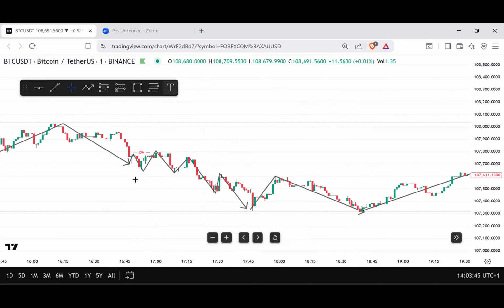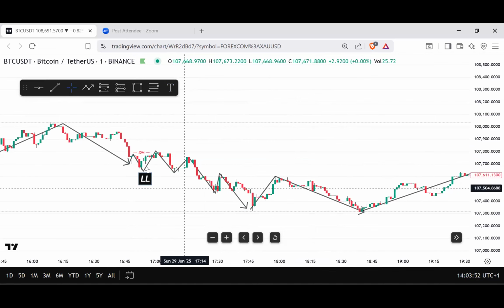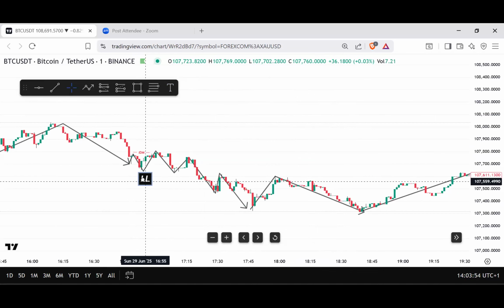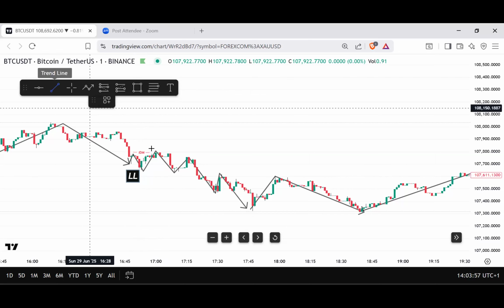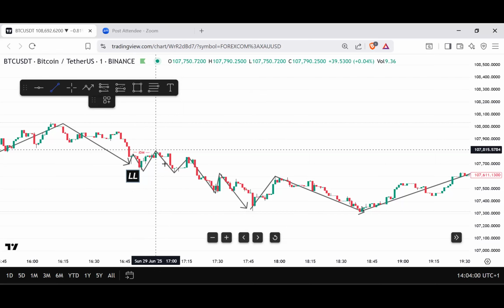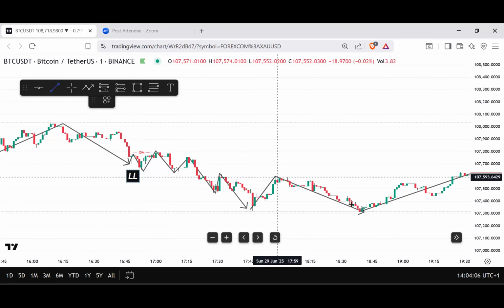Number 4 now is the lower low. I'll label this place lower low. Then number 5 is the continuation. You can see we have another stop here.